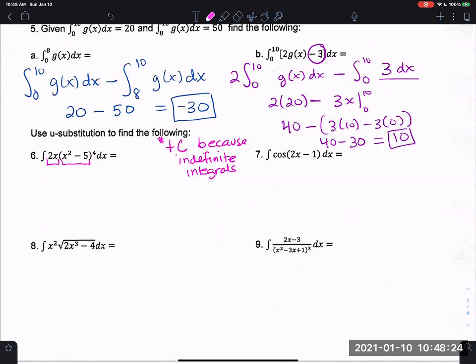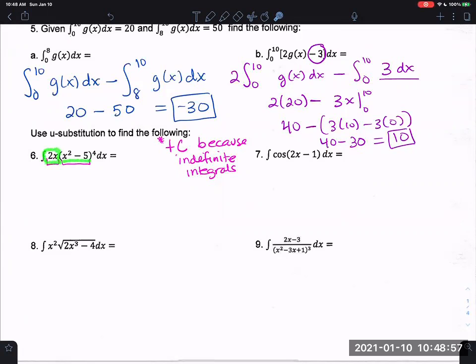If I took the derivative of 2x and got 2, can I replace anything in here with that expression of 2? No, that doesn't do me any good if I'm looking at this, right? How about if I look at my x squared minus 5 portion? If I take the derivative of x squared minus 5, guess what I get? I get 2x.